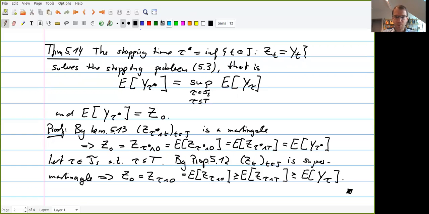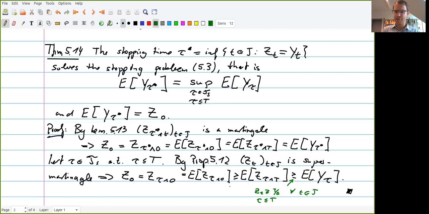Let me remark this: Z dominates Y, and tau star is less than or equal to T. Okay, so far so good.